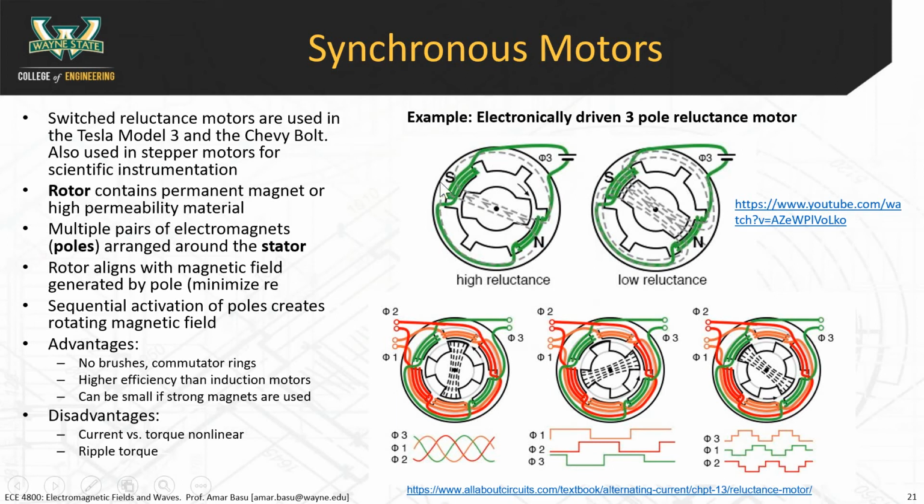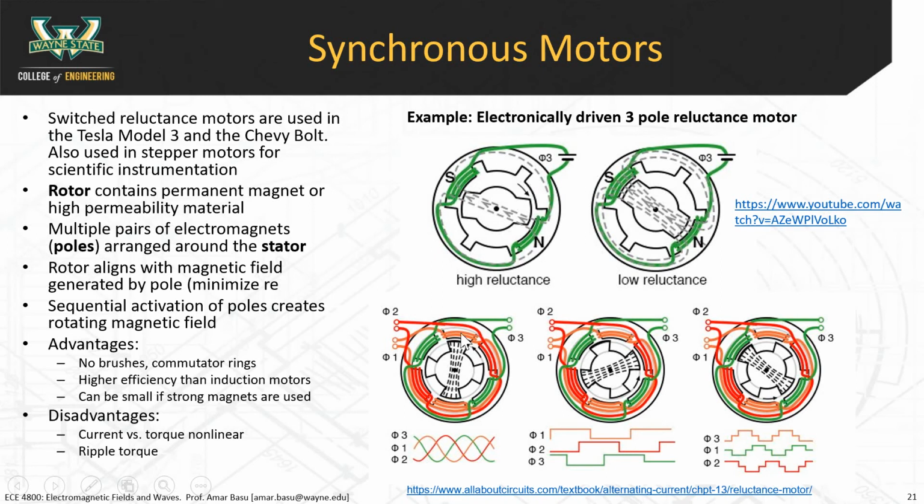So stator, stationary, doesn't move. That's the way you can think about that. And the inside part of the motor is the part that rotates. That's why it's called the rotor. All right? So in synchronous motors, you have magnets on the stator portion, and the stator generates a rotating magnetic field.